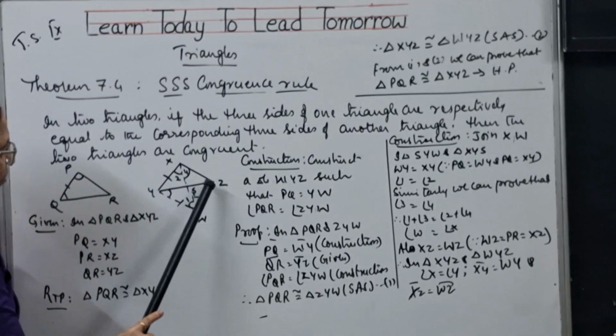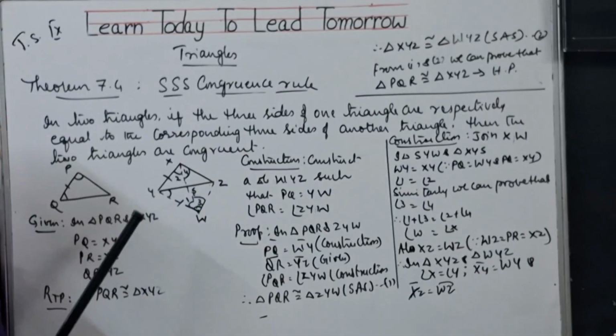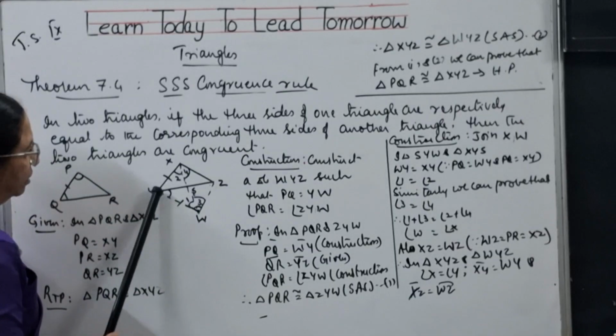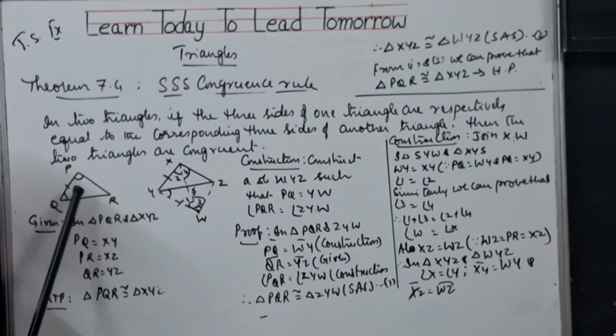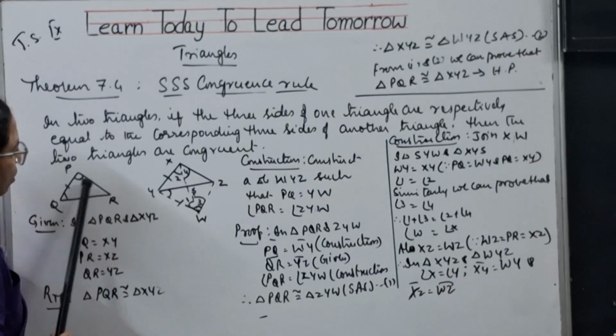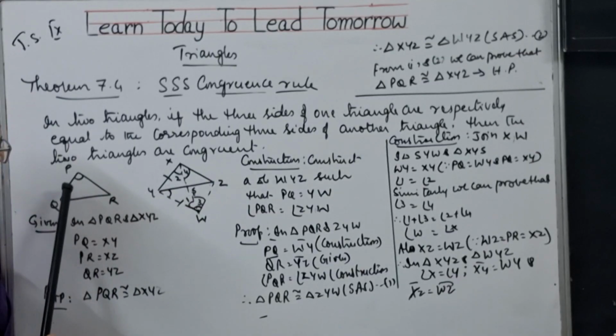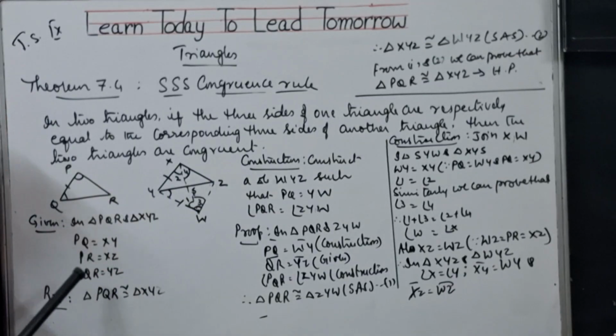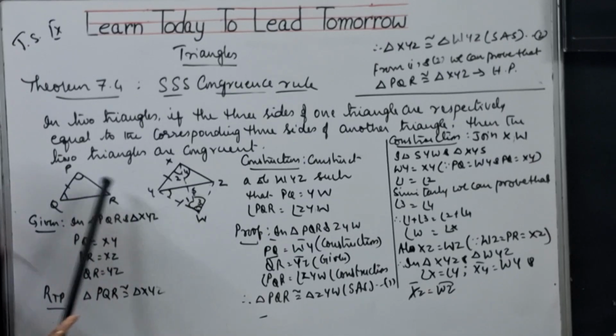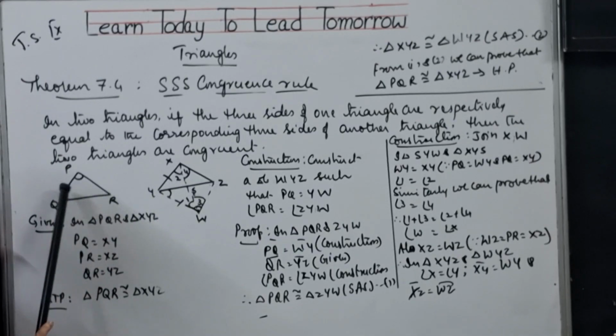Angle PQR is equal to ZYW, this is also our construction. QR is equal to YZ, which is given to us. So these two triangles are congruent basing on side angle side property. That is the first equation.